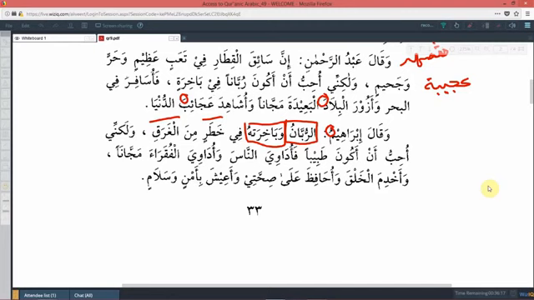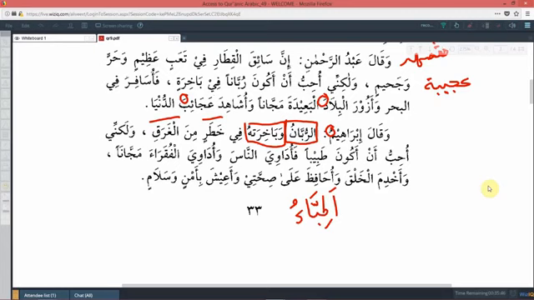ولكني, but me, أحب أن أكون طبيبا. I want to become a doctor. طبيب. Right? And later on we'll find the plural of this is أطباء. Doctor. Doctors. أريد أن أكون طبيبا فأداوي الناس.